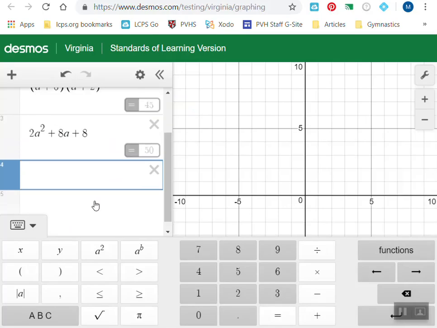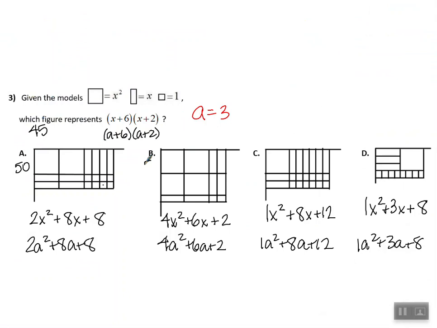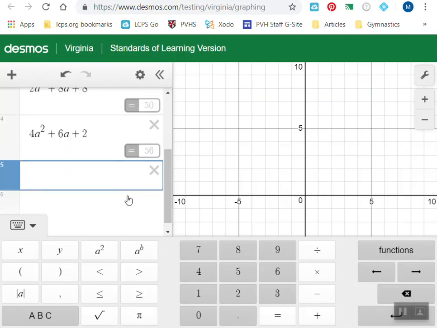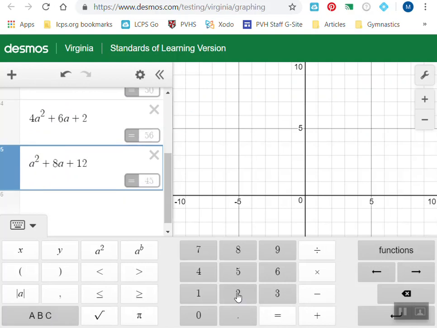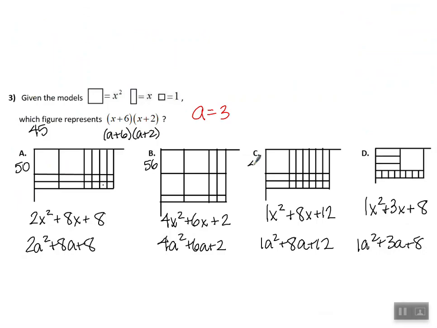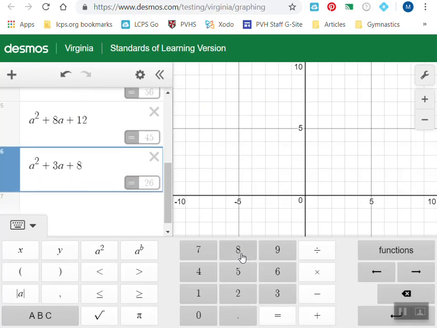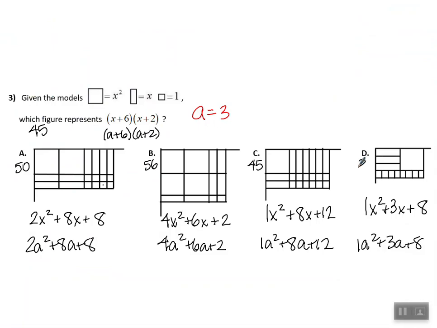For answer choice B, that gives me 56. For answer choice C, which is 45. And then for answer choice D, which is 26. Answer choice C gave us the same number as our question, so C is the right answer.